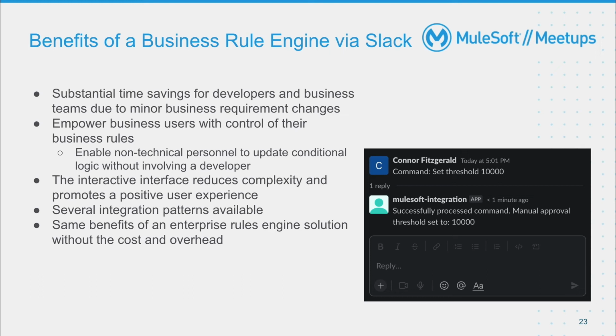And again, we have several integration patterns. Through the use of those slash commands, we can have a push to the system API, or we can stick with what we have. We are constantly polling the channel for new messages or reactions to those messages. Now, again, you can do all this in an enterprise solution rules engine. It's just that that's going to cost more money to set up and purchase.